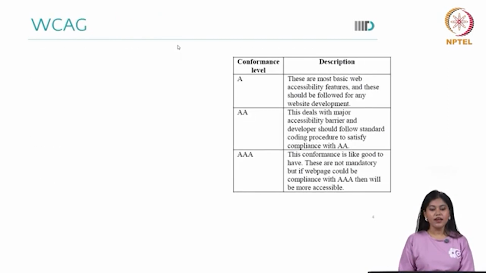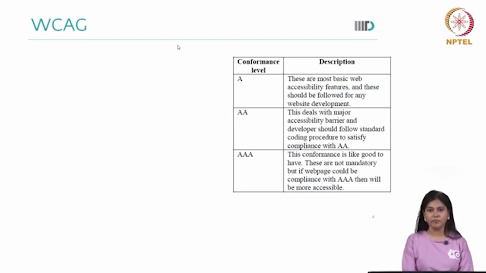Coming to the first point, I think in the last lectures we went through the conformance levels. You might be aware by this time in the course what A, AA and AAA are. A is the most basic web accessibility level, and this should be followed for any website development.